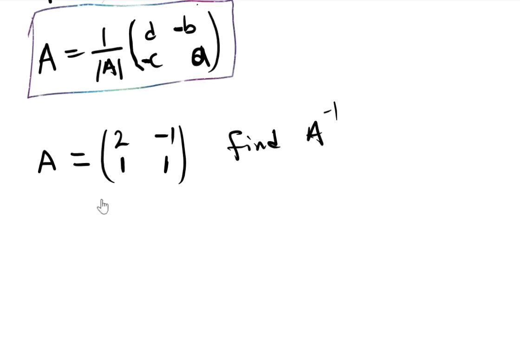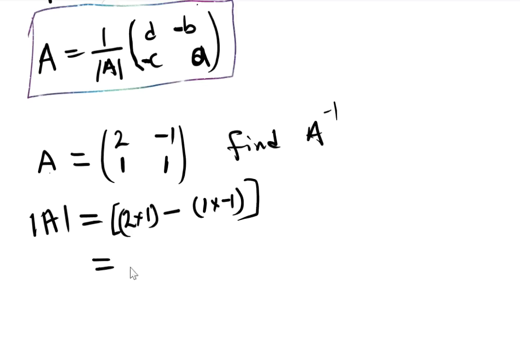In this case, we are going to use this formula, and the first step is to find the determinant of A. The determinant of A is equal to 2 multiplied by 1 minus, minus 1 multiplied by 1.